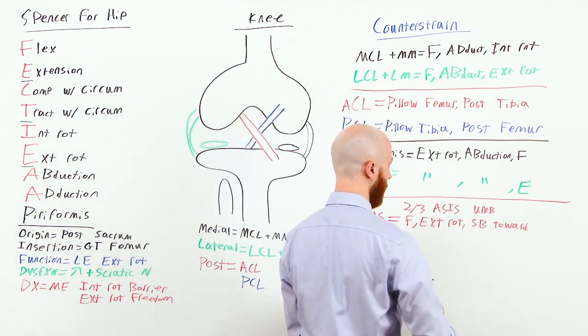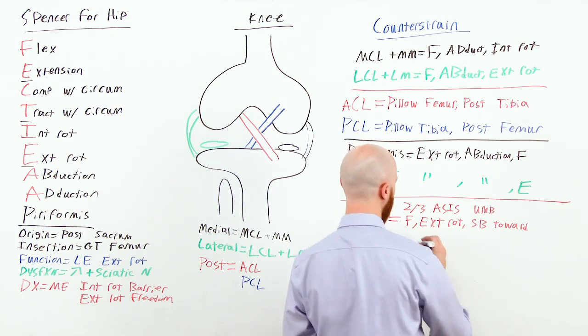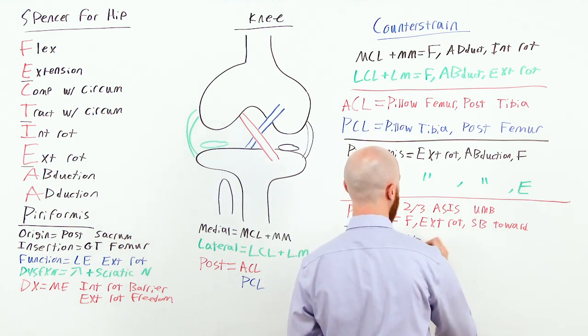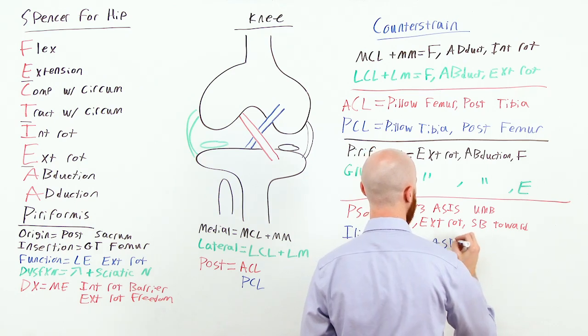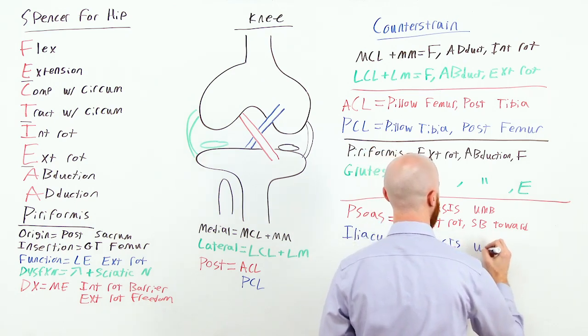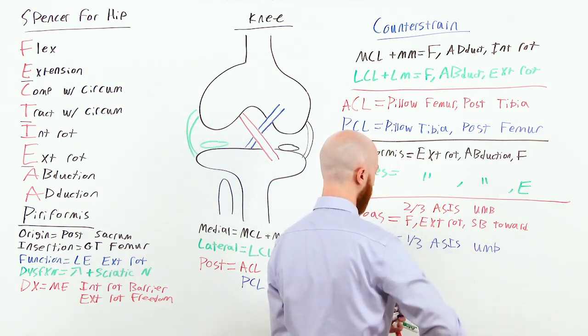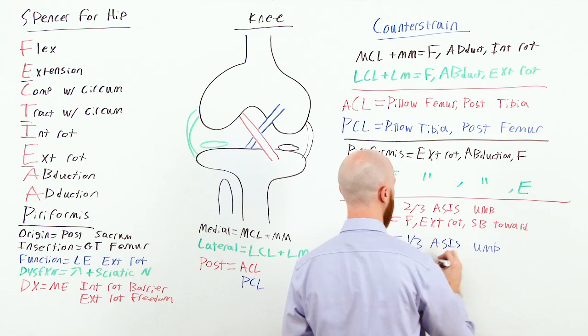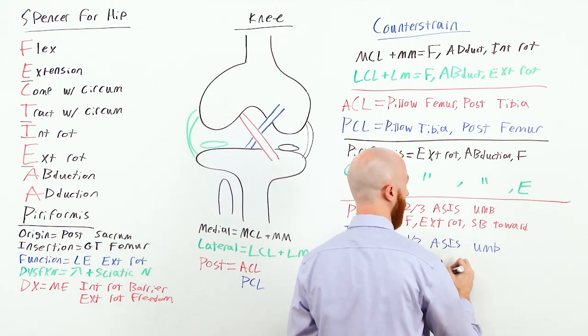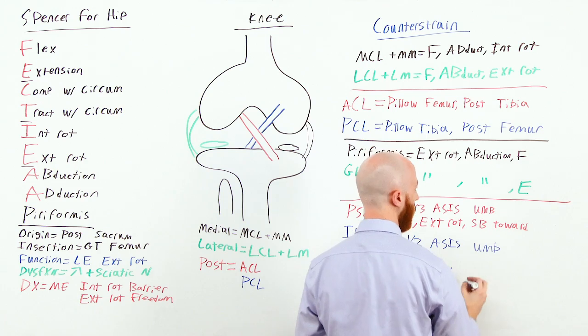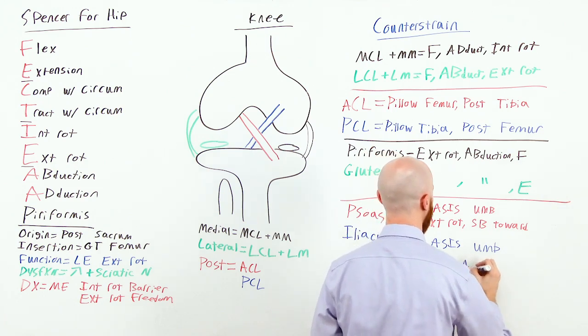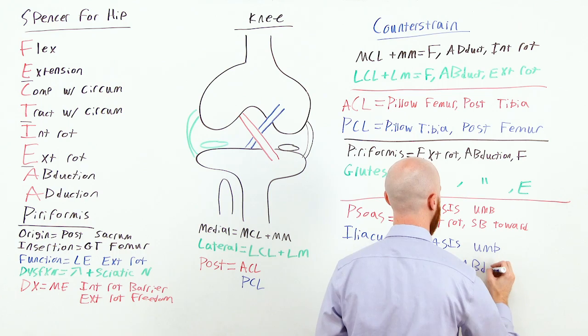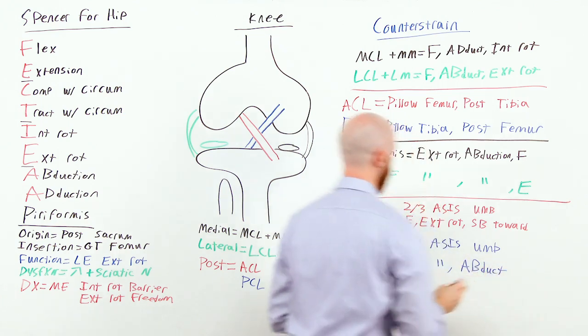So for this, we're going to remember that it's 1/3 the distance from the ASIS to the umbilicus. And the treatment position is going to include flexion, external rotation, and instead of side bending towards, you're going to abduct the lower extremity from the side of dysfunction.